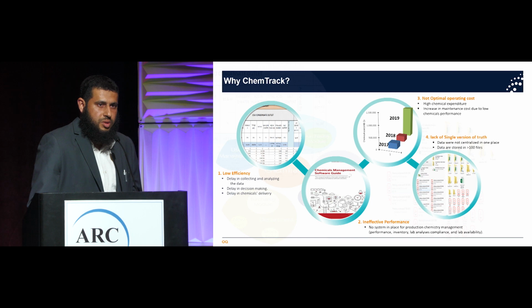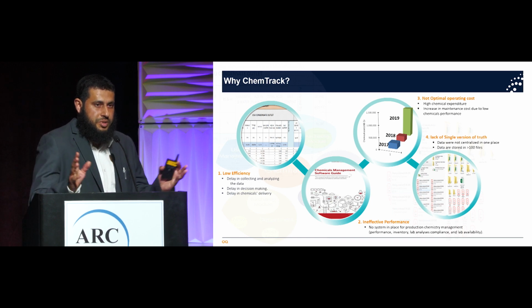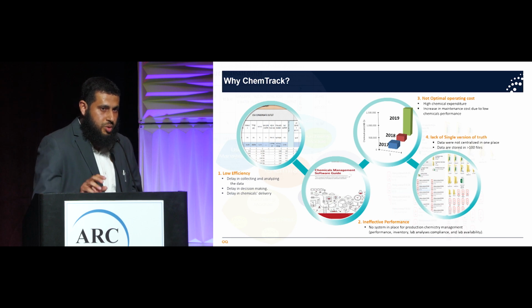If you need to know the performance of each chemical, how many analyses you need to do and how many graphs you need to make, it can be hundreds of graphs. So how much time do you need if you do it manually? It is a nightmare.